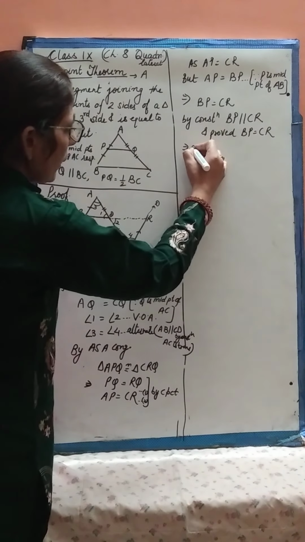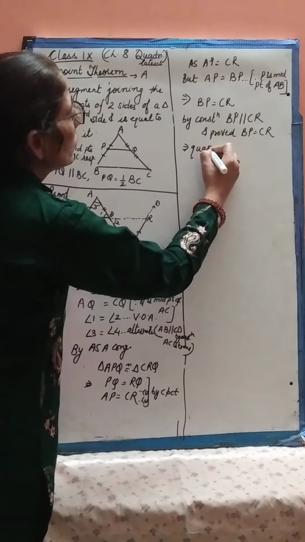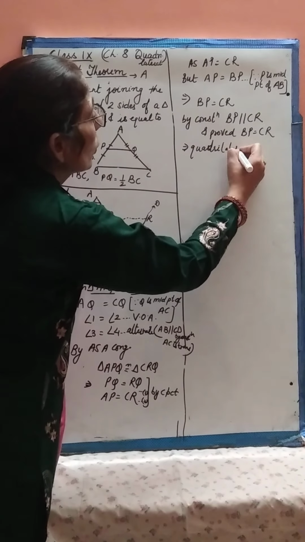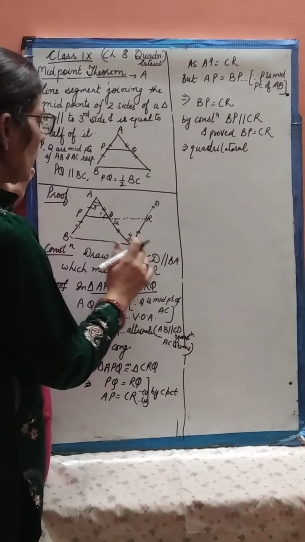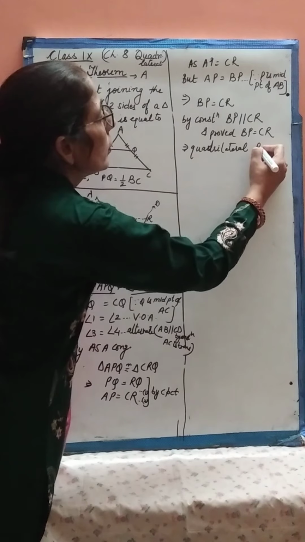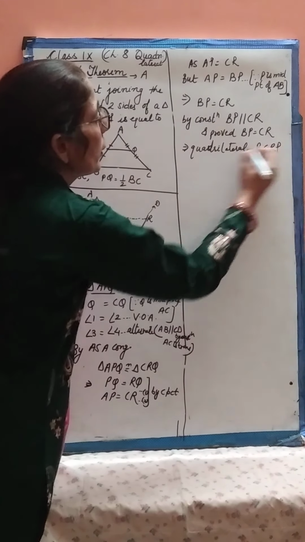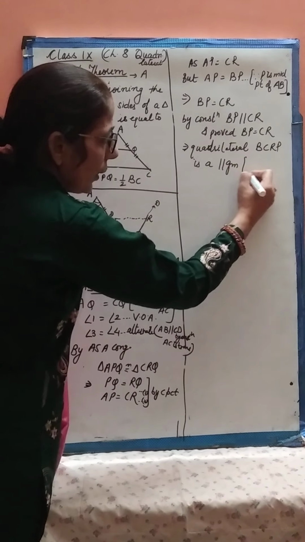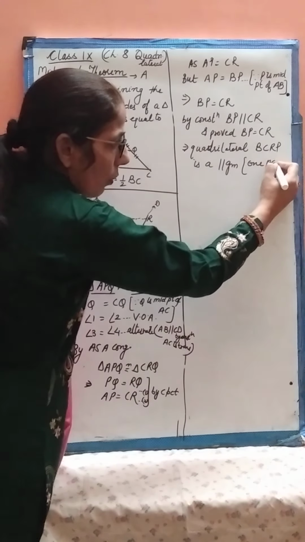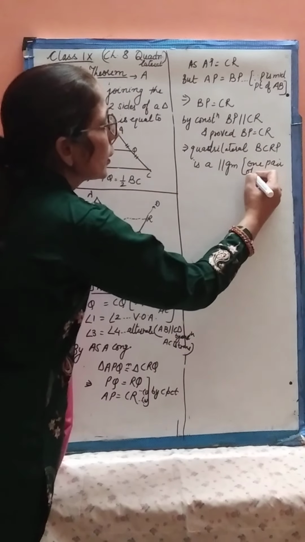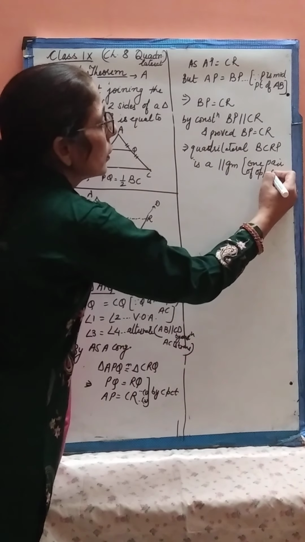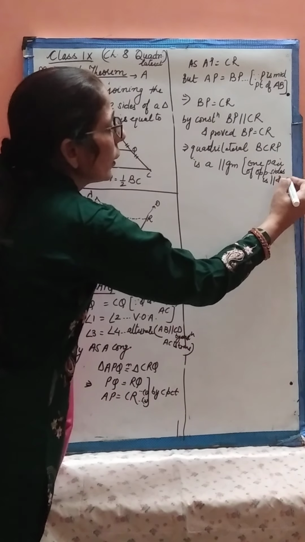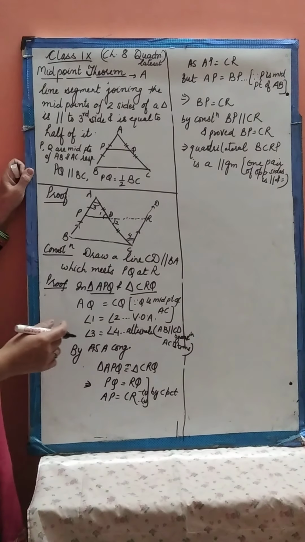Therefore, quadrilateral BCRP is a parallelogram by one pair of opposite sides being parallel and equal, right? So this is a parallelogram.